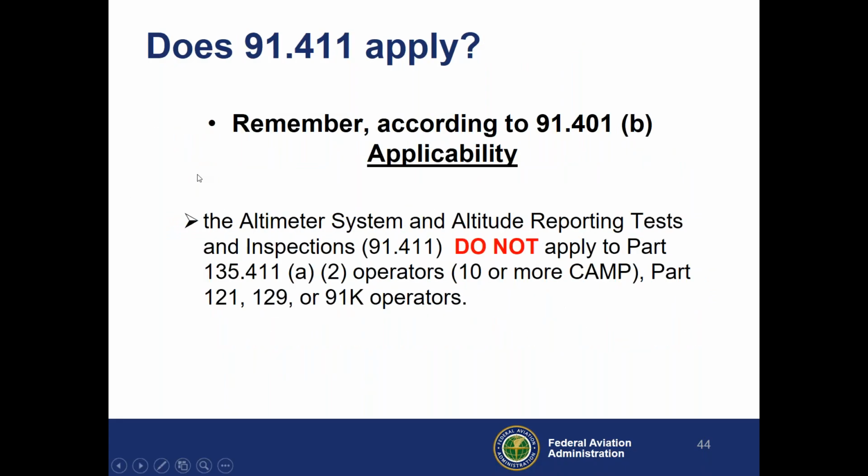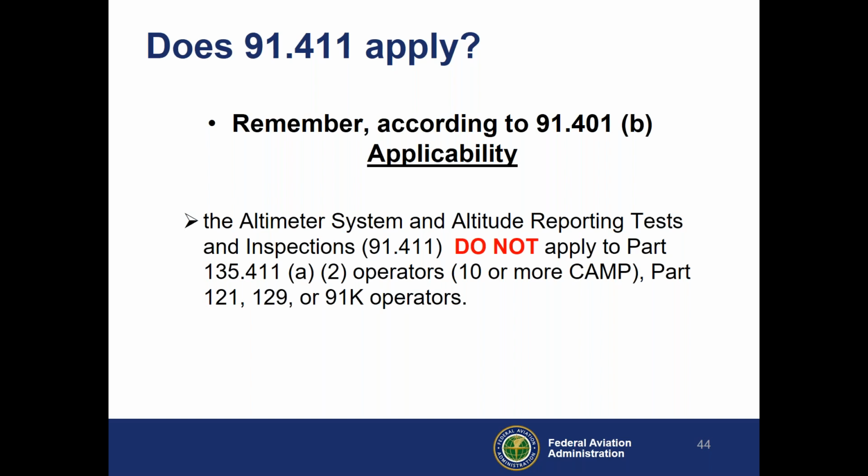And another thing that's very interesting is according to 91.401(b), the altimeter system and altitude reporting tests and inspections required by 91.411 do not apply to Part 135 411(a)(2), which is a 10 or more air carrier using a CAMP.